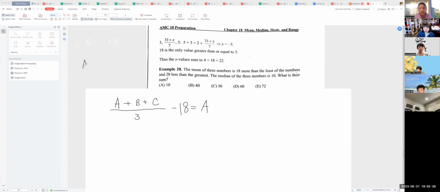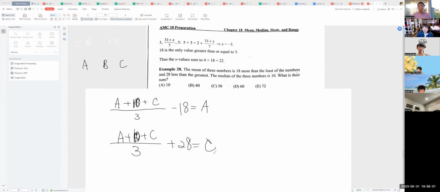I'm putting them in order: A is the smallest, B is the middle number, and C is the greatest. The next one is A plus B plus C divided by 3 plus 28, because it's 28 smaller than the greatest, equals C, correct? And the median of the 3 numbers is 10.